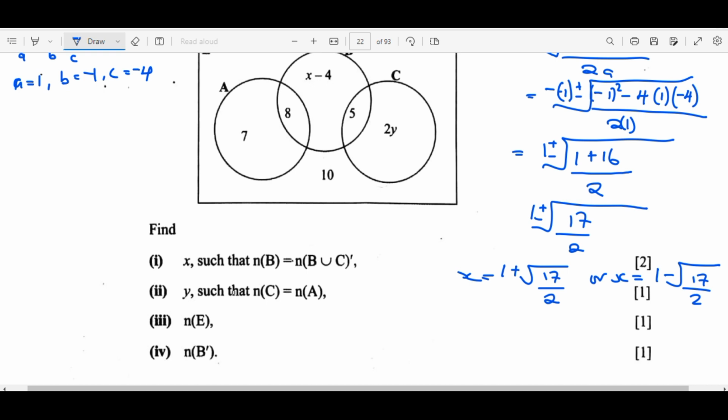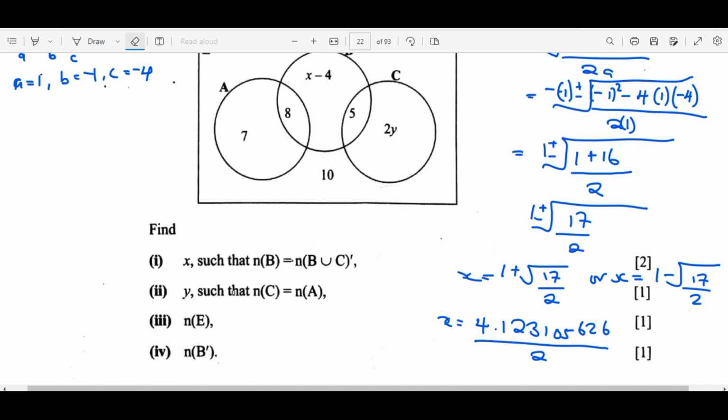The square root of 17 is 4.123105626, over 2, so here plus 1.